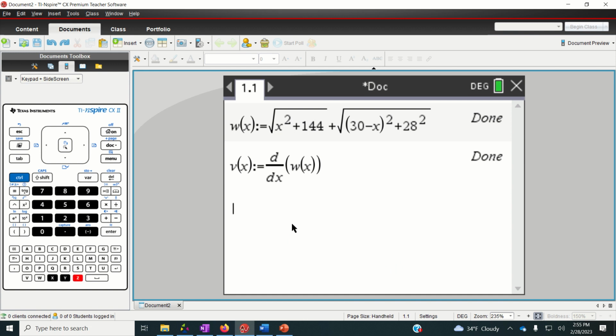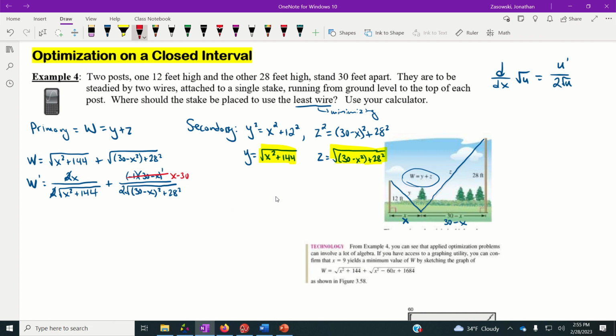Now, if we're going to maximize this, all we want to know is when does this derivative, this function v of x, equal 0. So notice that we've called this function v of x. So we want to know when is v of x equal to 0, and then when is v of x essentially undefined. Now, because these square roots have a squared in them, that's never going to equal 0 here.